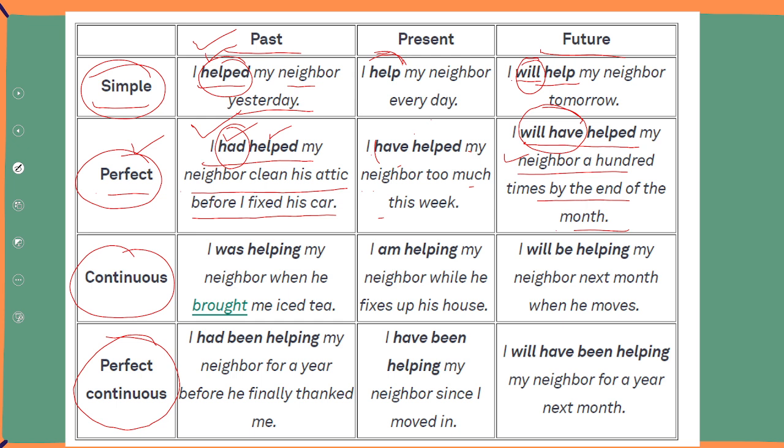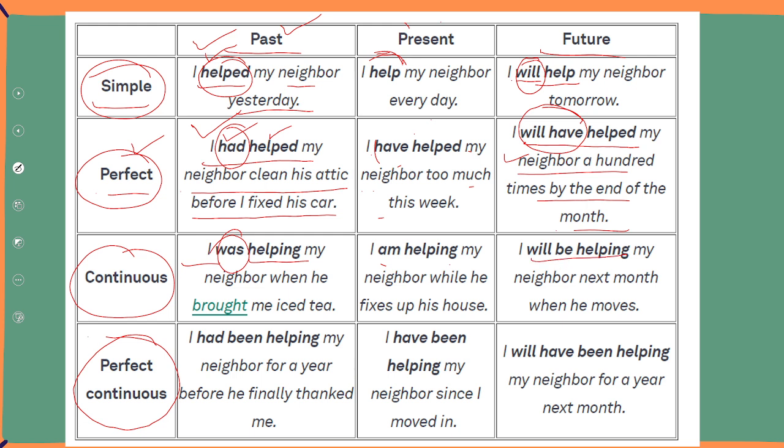Now, if an action is continuing, it is in the process, whether it is in past, present, or future, then you are going to use the ing form with the basic form of the verb. We are talking about the past, so we will use the helping verb of past. I was helping my neighbor when he brought me iced tea. I am helping. I will be helping.